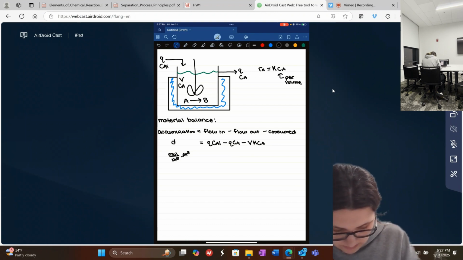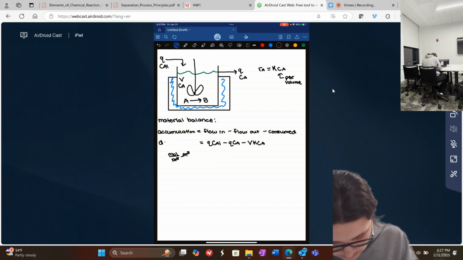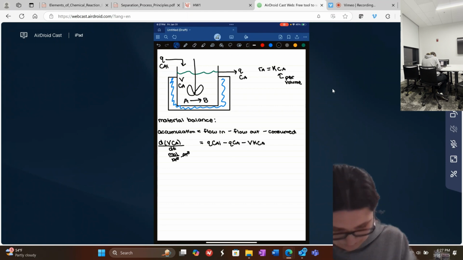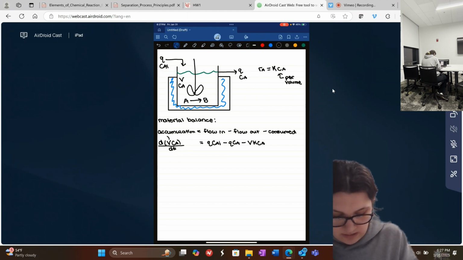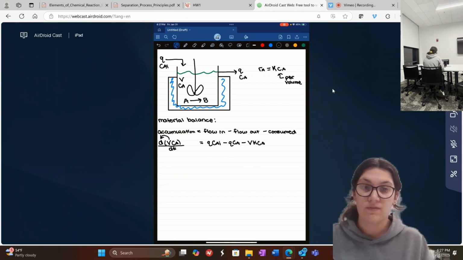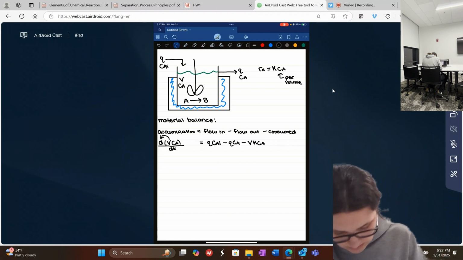I'm going to make this a derivative because we want to know how this changes with time. So V dC_A/dt. Now we're going to take the volume out of the derivative, since, as I stated previously, the volume is constant. So that gives us V dC_A/dt.